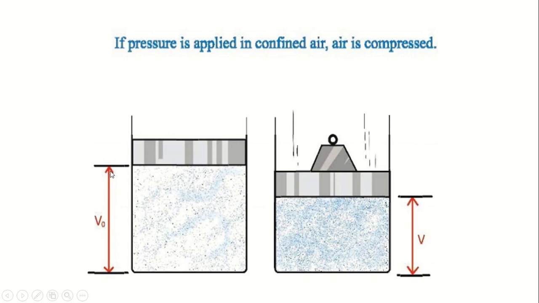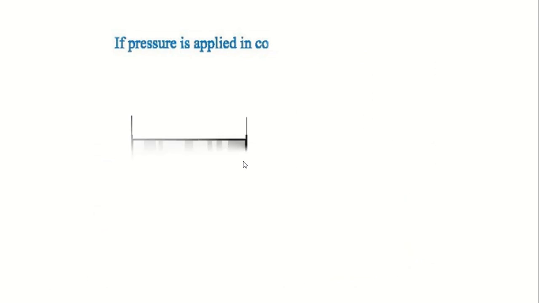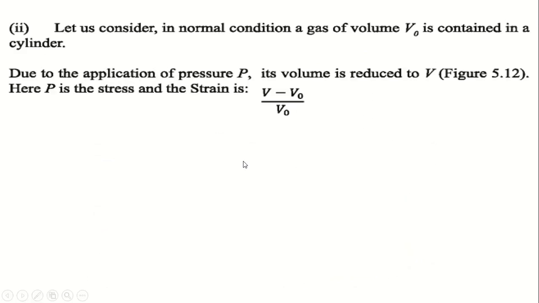The initial volume of the gas is V0, and after applying pressure by the piston, the gas is compressed and the changed volume becomes V. So here, by the application of pressure P, its volume is reduced to V.